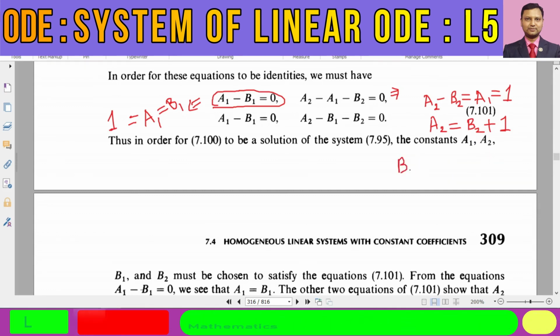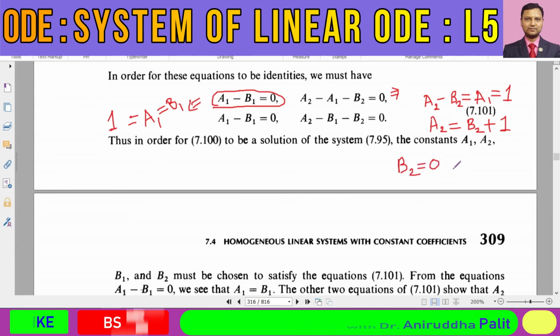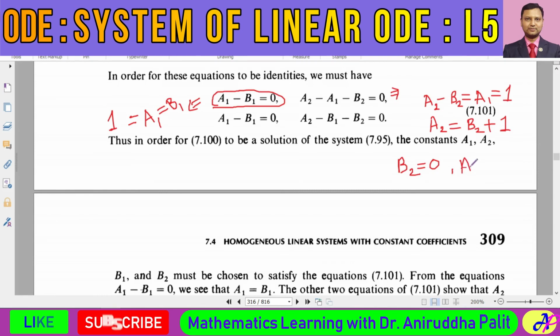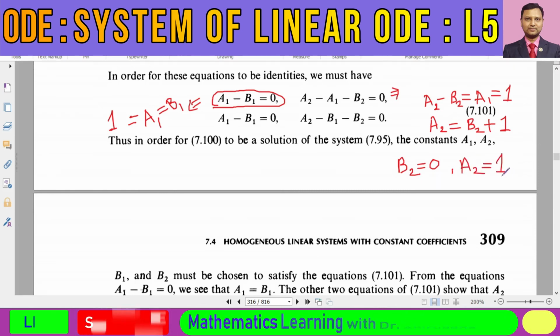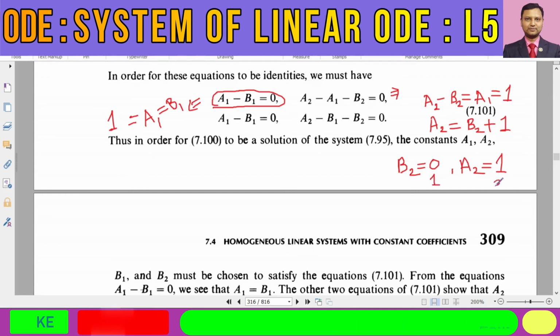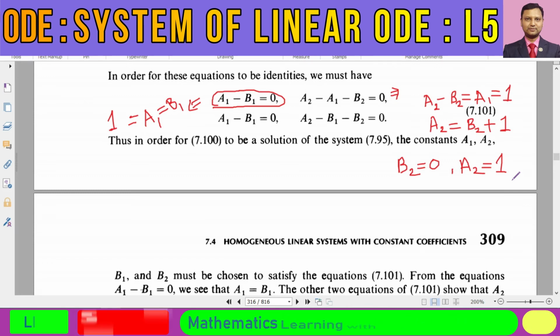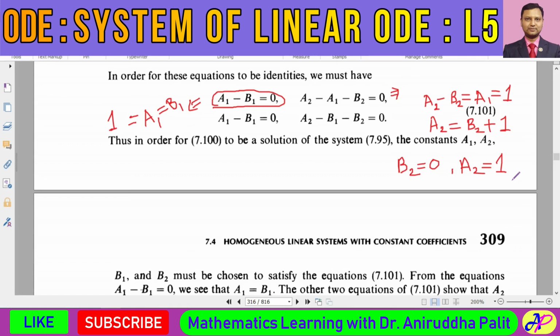If we choose B2 equal to 0, then A2 would be equal to 1. If you choose B2 equal to 1, then A2 would be equal to 2. It doesn't matter. We shall try to choose the values of A2 and B2 so that the expressions become as simple as possible.